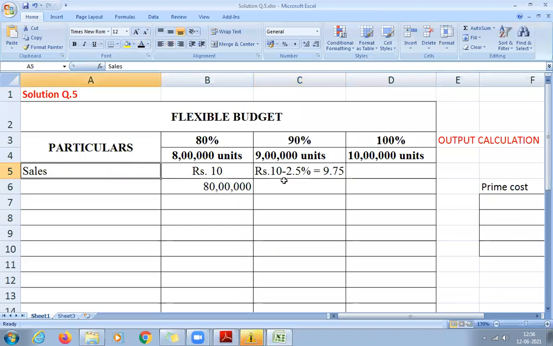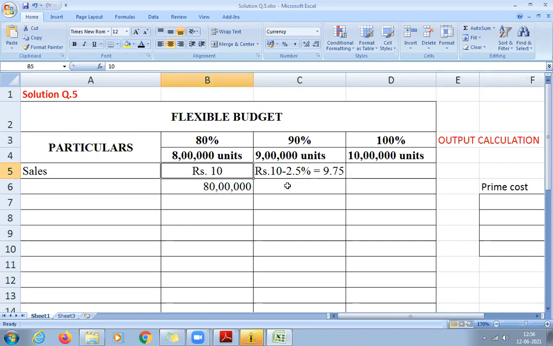So 10 rupees minus 2.5% is 9.75. Got it? 2.5% of 10 is 25 paise, so 10 minus 0.25 is 9.75.